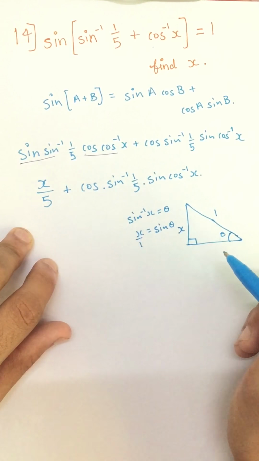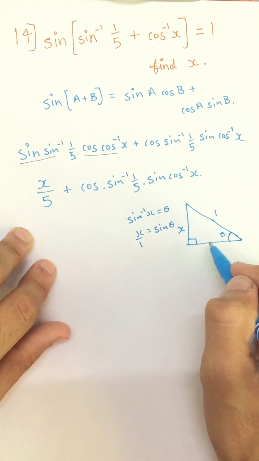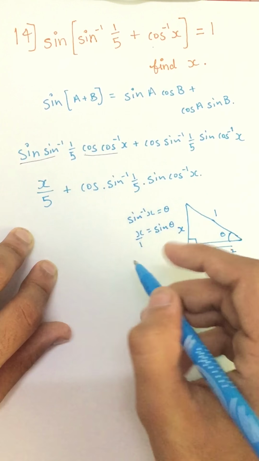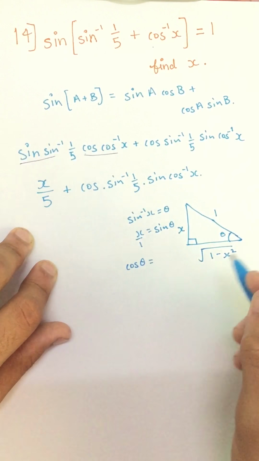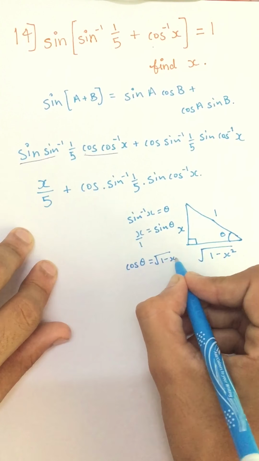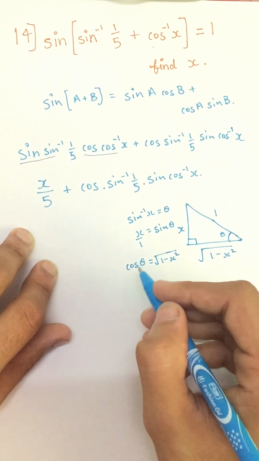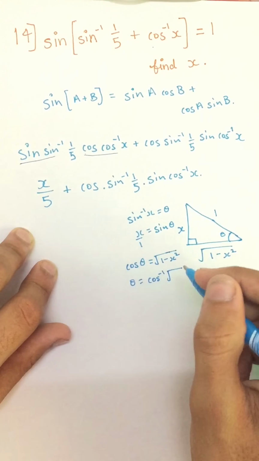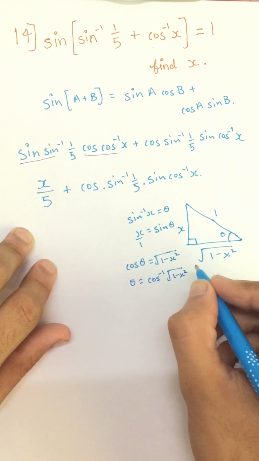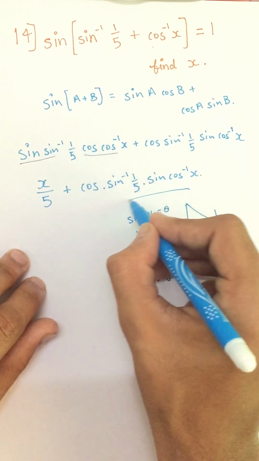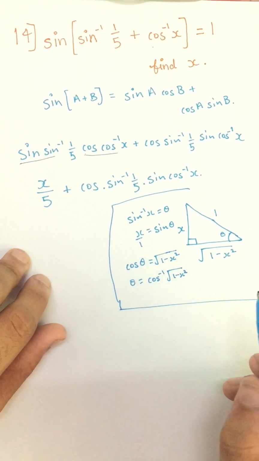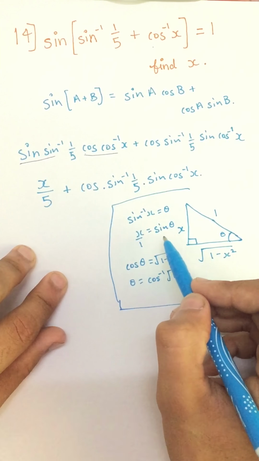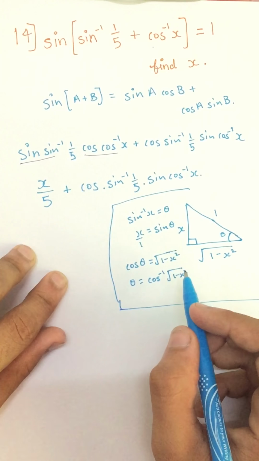So what will be our cos theta? This side, because of the Pythagoras theorem, becomes under root of 1 minus x square, and our cos theta becomes under root of 1 minus x square, which implies that theta equals cos inverse of under root 1 minus x square. Similarly, our sine inverse x equals theta, and also theta is cos inverse of under root 1 minus x square.